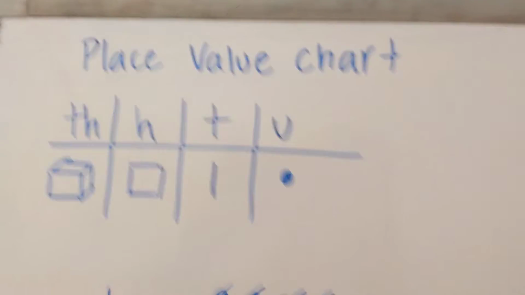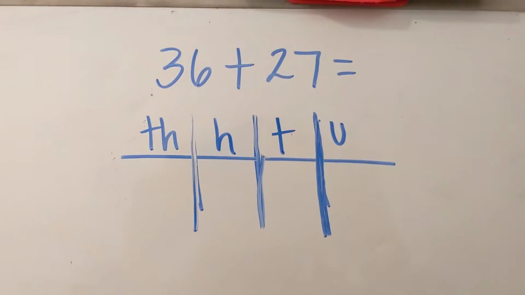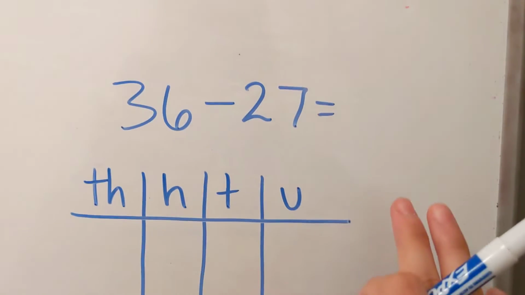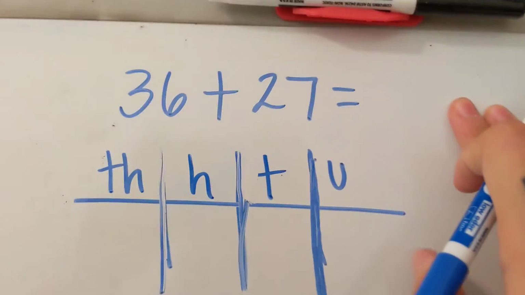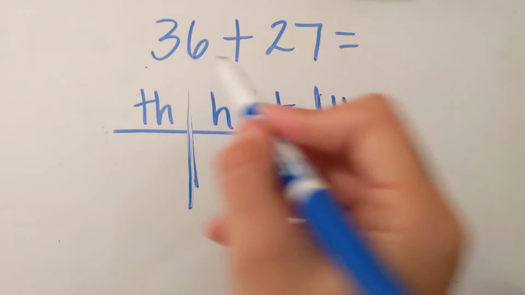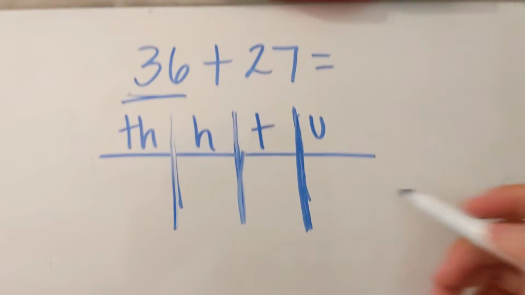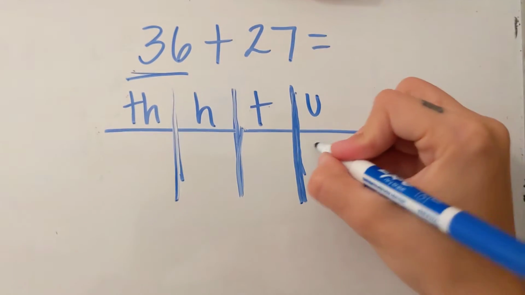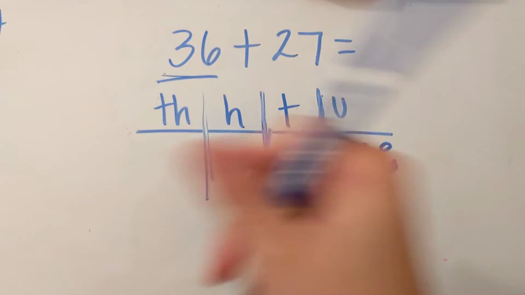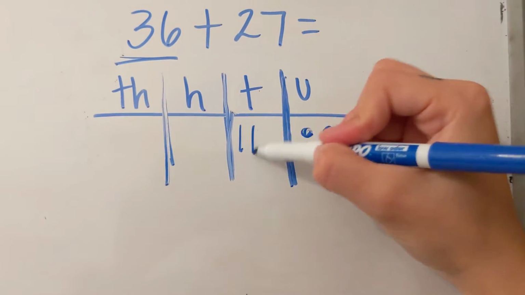So this is what we're going to be using when we are doing addition and when we are doing subtraction as well. We're going to start with addition. When I have addition, I tell my students to draw both numbers. So I have 36. That is 6 units, 1, 2, 3, 4, 5, 6, and 3 tens, 1, 2, 3.